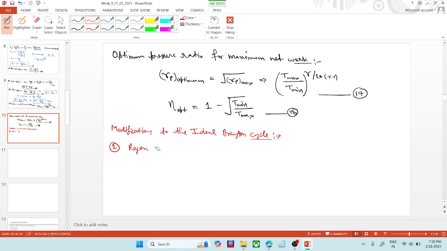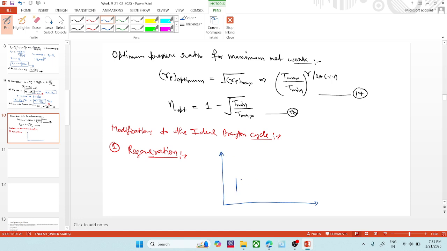Regeneration is nothing but extracting the heat from the flue gases and transferring this heat to the air which is entering the combustion chamber after the compressor. We will understand this regeneration from the TS diagram.